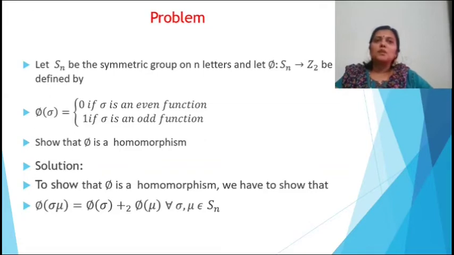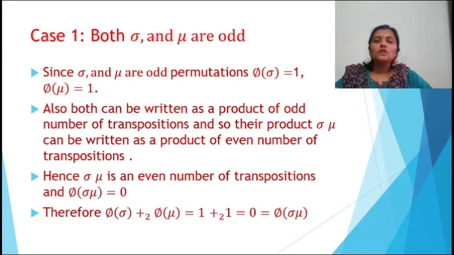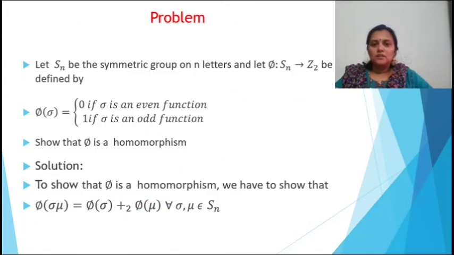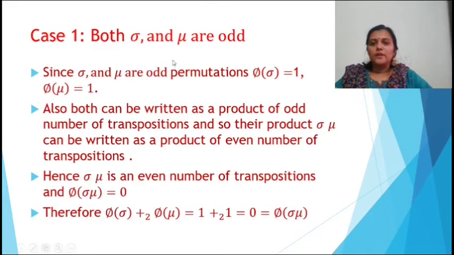Since sigma mu is a permutation, there are 4 possibilities. First possibility is both sigma and mu are odd. When sigma and mu are odd, phi of sigma is equal to 1, as we have defined. This is the definition. Phi of sigma equal to 1 if sigma is odd, so phi of sigma equal to 1, phi of mu is equal to 1.